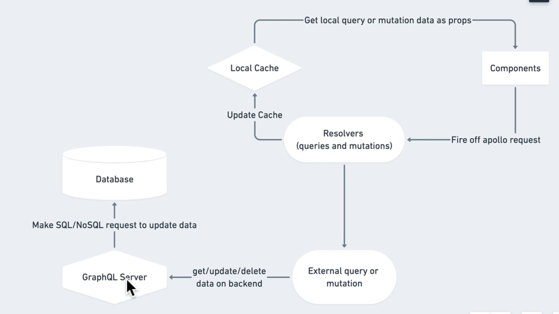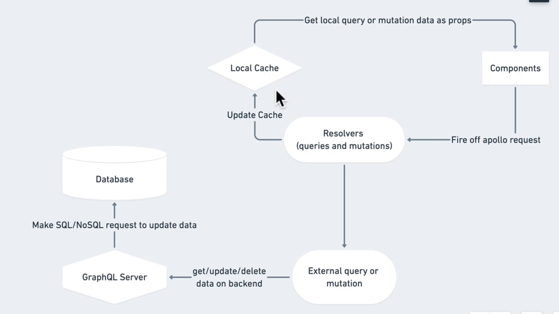Our GraphQL server then processes the request and makes either a request to update data or get some data based on the SQL or NoSQL database we actually have. So if that's successful, it will send that data back up and then through to our application and components, where we can either store it on a local cache or we can simply use it in our components.